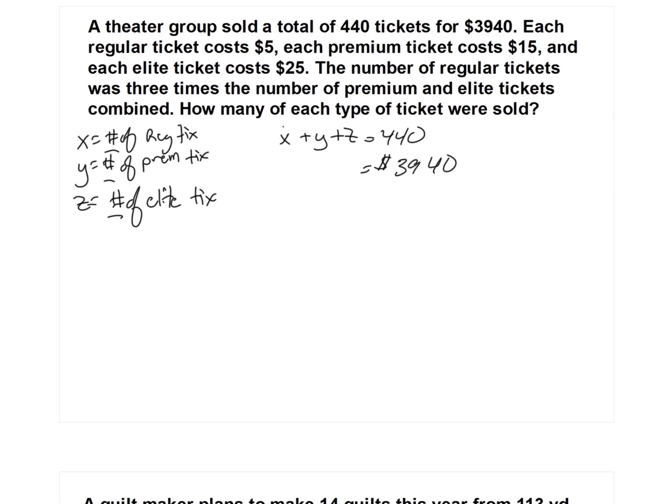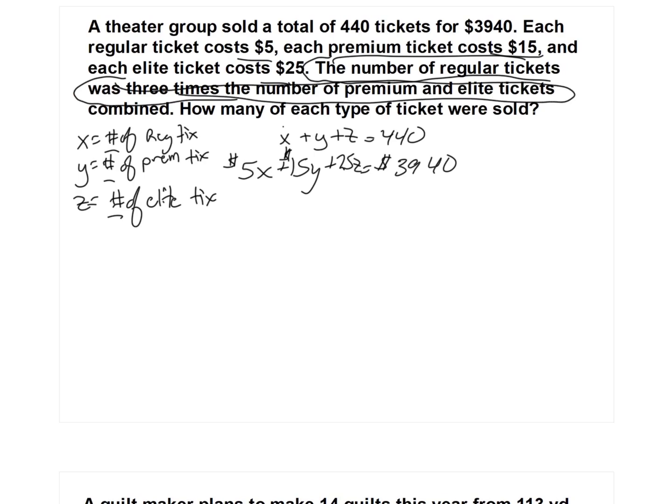Well, I need to know the cost of regular, which is $5, so $5 times X. The cost of the premium tickets, 15Y, and the cost of elite tickets, 25Z. But that's only 2 equations, and there's 3 unknowns. So what I'm going to have to do is use this sentence right here to come up with a third equation.